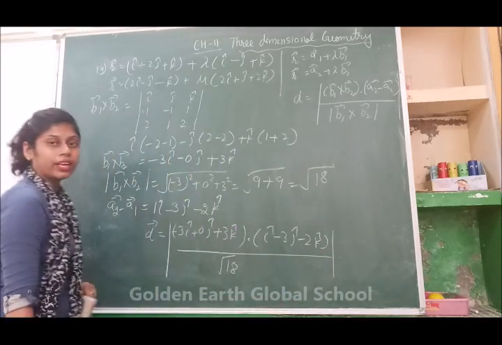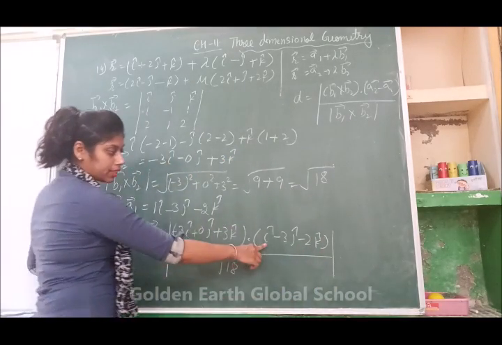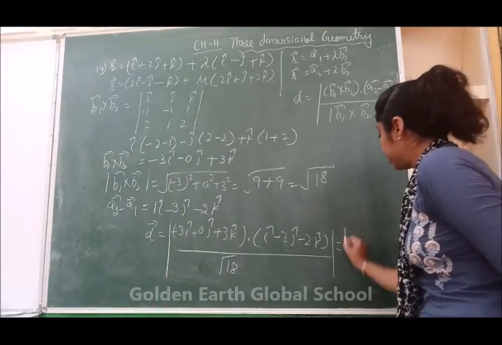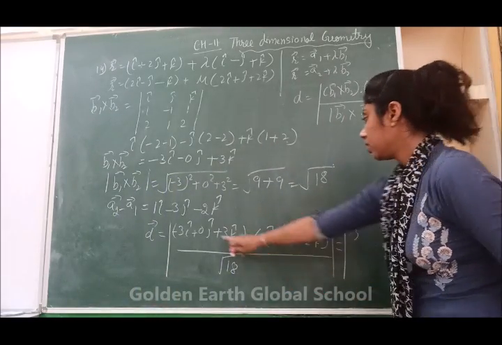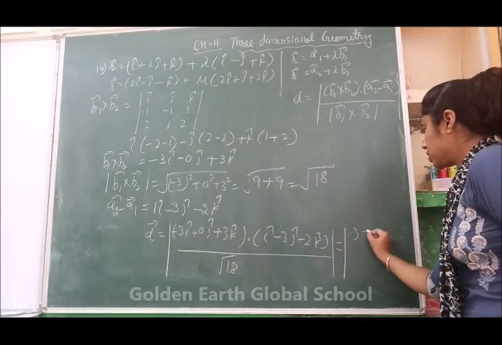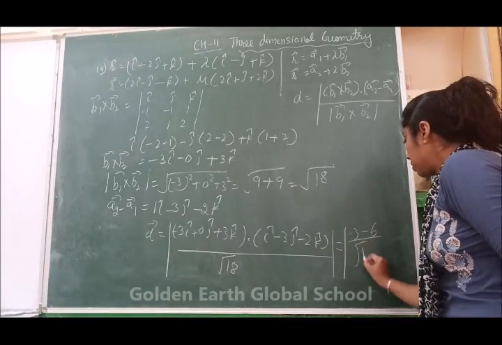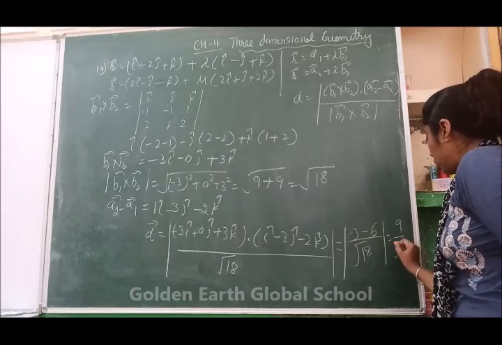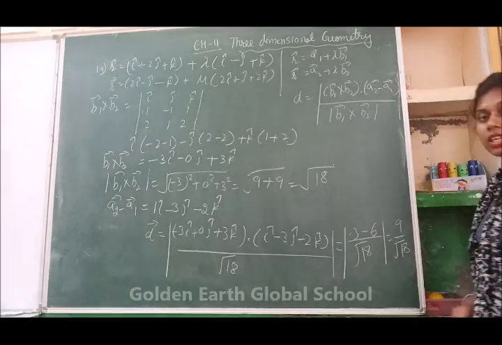Now simplify it. Minus 3 into 1, minus 3. 0 into minus 3, 0. 3 into minus 2, this is minus 6. So we get 9 by root 18. So this is the shortest distance.